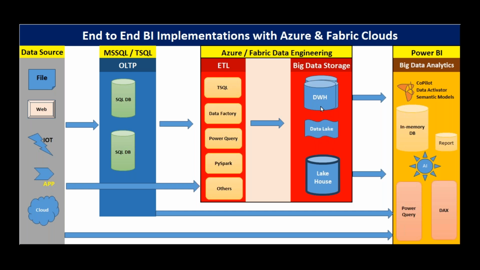And to get the data from OLTP to data warehouse, we need a transport layer, nothing but ETL, extract, transform, load.